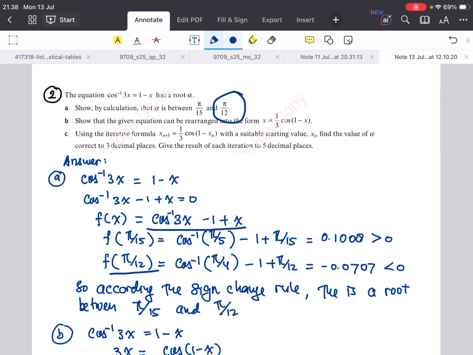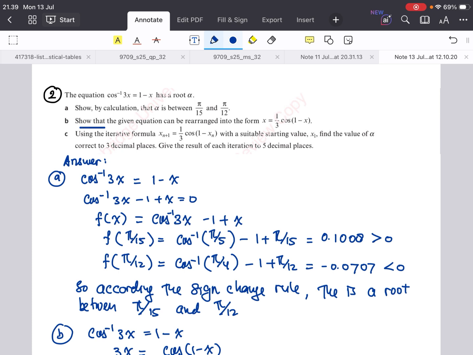You put x = π/12 here. Then we get f(x) = -0.0707, which is negative. So since one is positive, the other is negative, then we can conclude that according to the sign change rule, there is a root between π/15 and π/12.